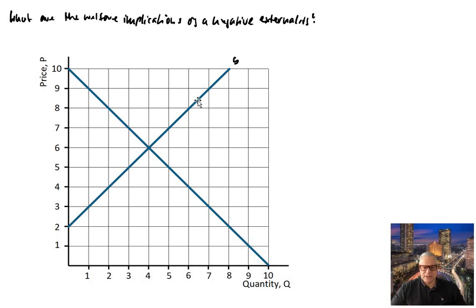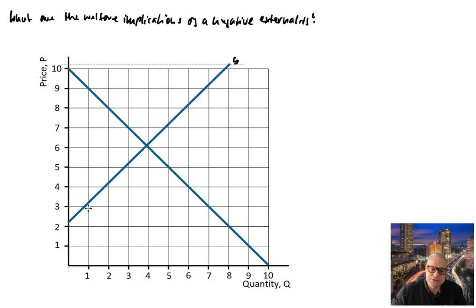But if an industry can emit pollutants into the river without having to pay for it, it's not part of the reservation price because it's not part of the operational expenses, because they get that for free. But it is a cost to society because people get sick and they eat bad fish and those kinds of things. So let's assume that for every unit that we produce, there is an additional social cost of 2.